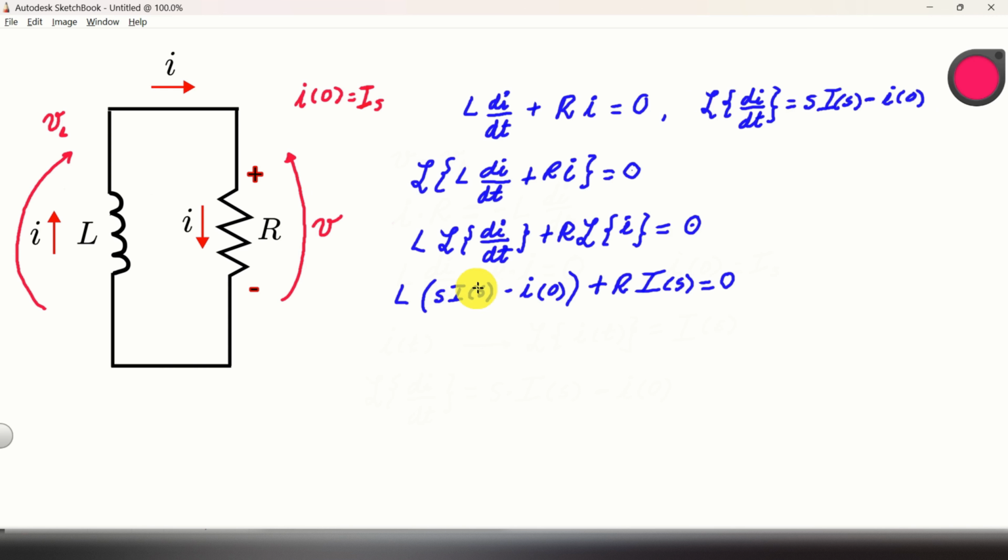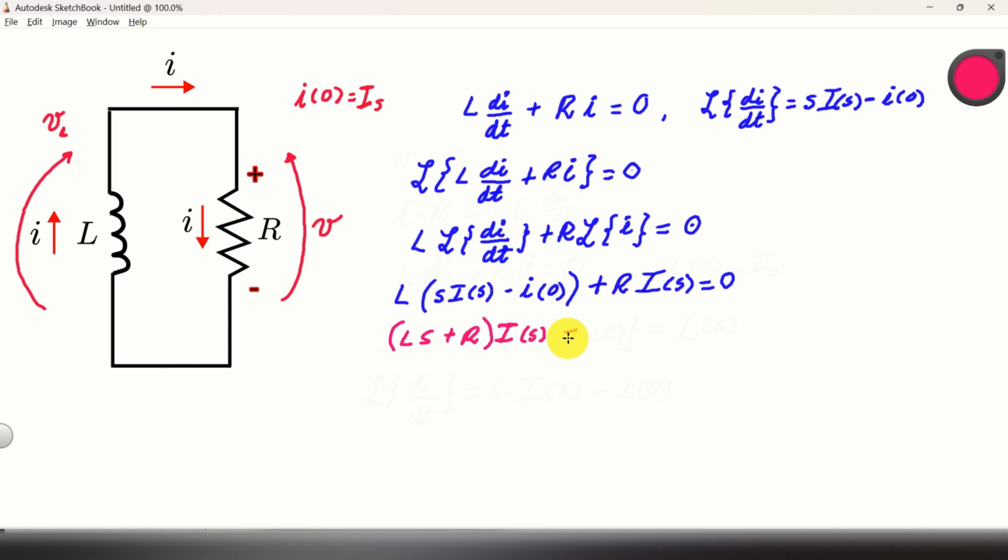Now let's change the color to make this video more interesting, and let's rearrange this equation. Let's group everything that has I of S inside. So we will have LS from this term, plus R from this term, in parentheses, multiplying I of S, is equal to, on the left-hand side, L multiplying I of 0 with the minus sign.